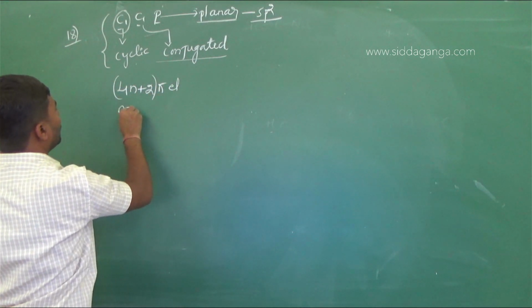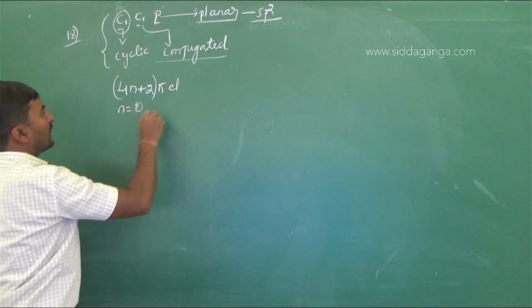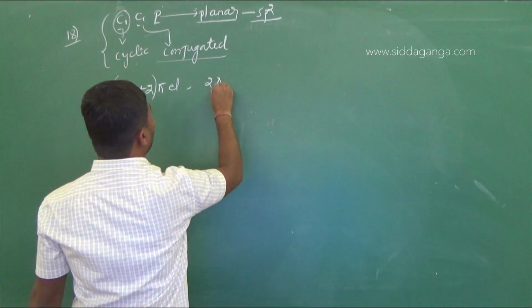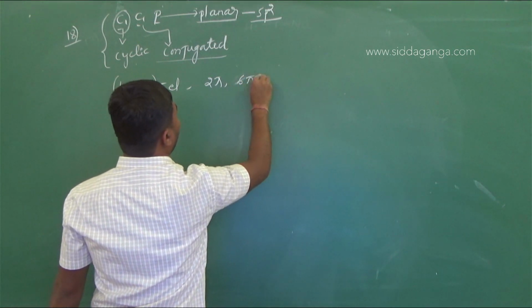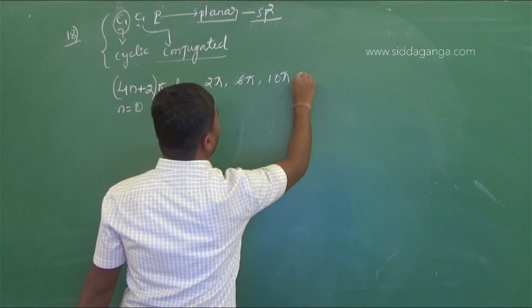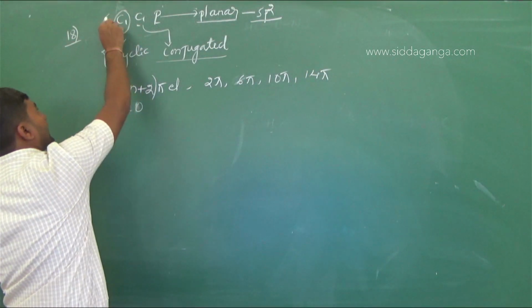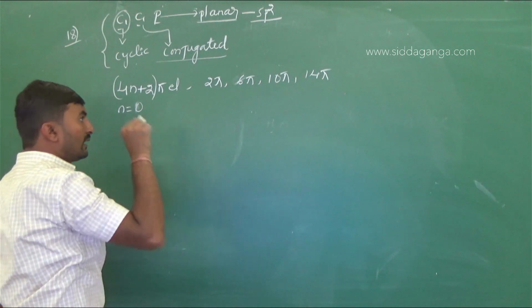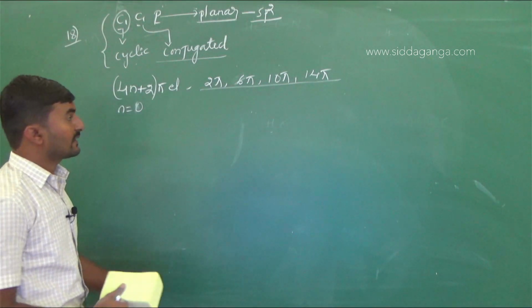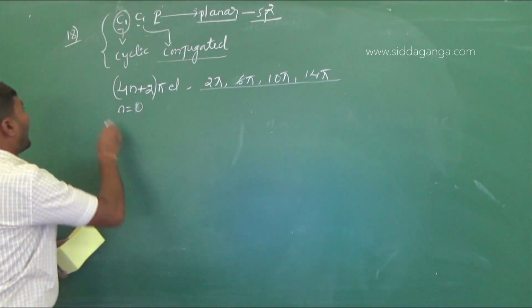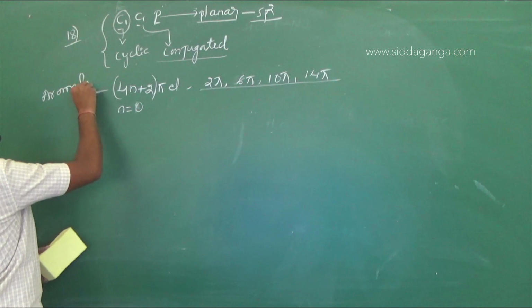With all these conditions satisfied, if the molecule has 4n plus 2 pi electrons, where n is equal to 0, 1, 2 and so on, it must have either 2 pi, 6 pi, 10 pi, 14 pi electrons, like this. If the molecule, after satisfying all the 3 conditions, has any one of these pi systems, that molecule is aromatic in nature.